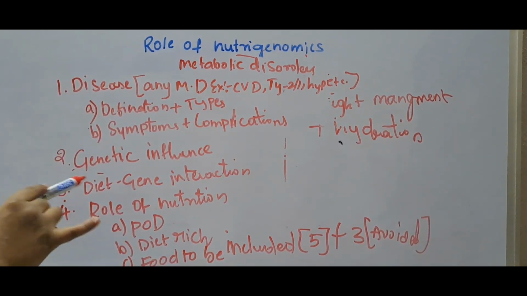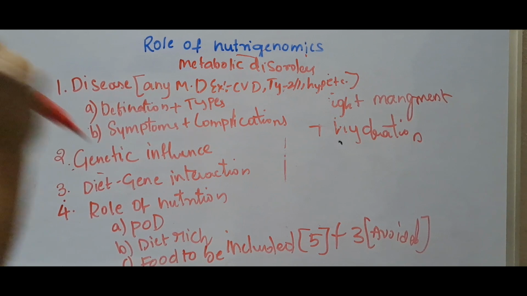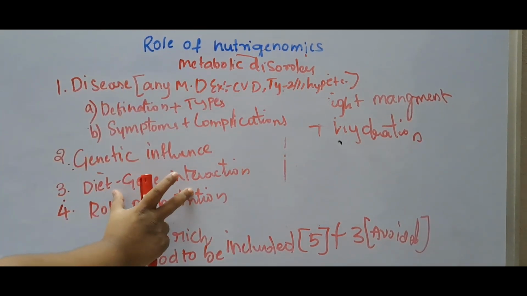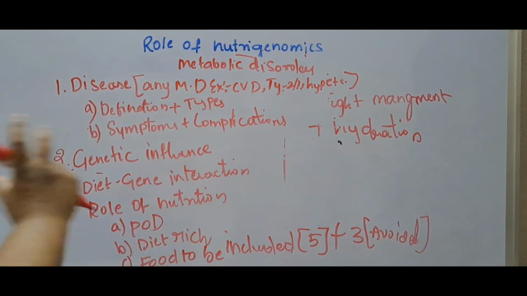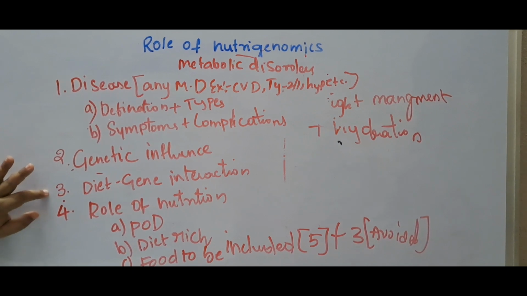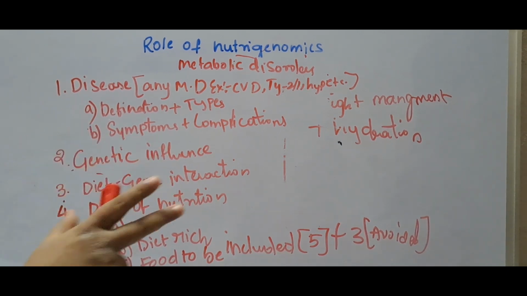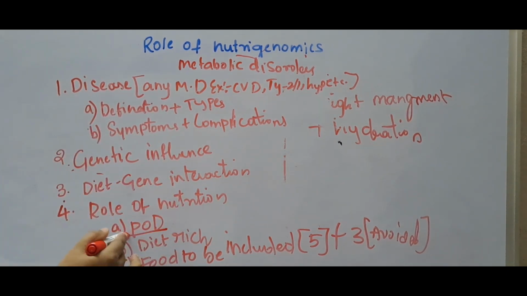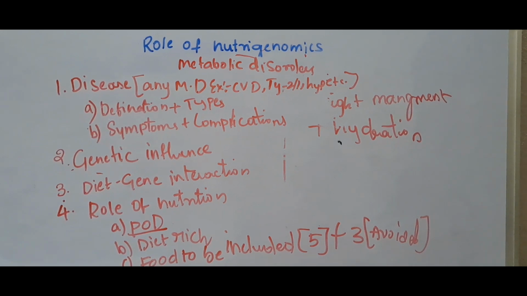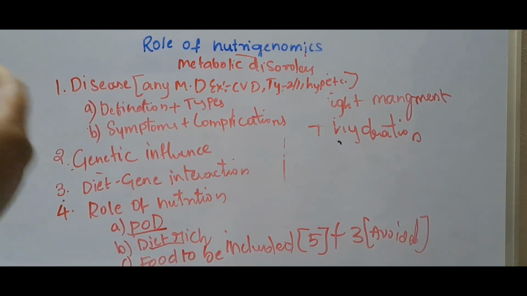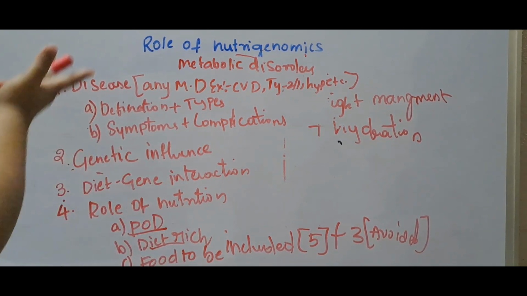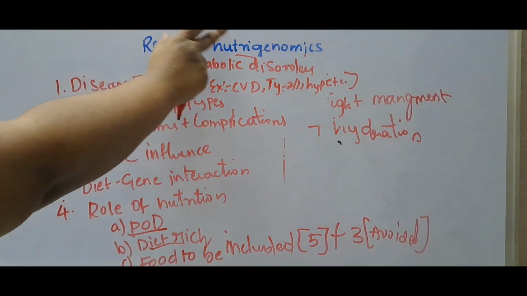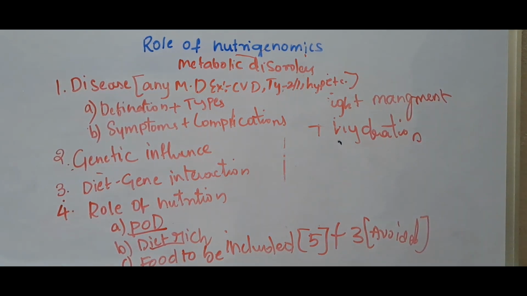The third point is diet-gene interaction, meaning certain diets that should be included for the metabolic disorders, clearly discussed here. And the fourth point is role of nutrition: POD, what type of nutrition you want to include, which diet is suitable, that is diet rich, and what type of diet should be included and avoided. So this is the basic outline to write the role of nutrigenomics in metabolic disorders.